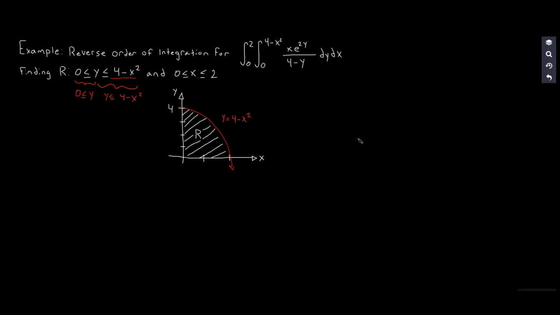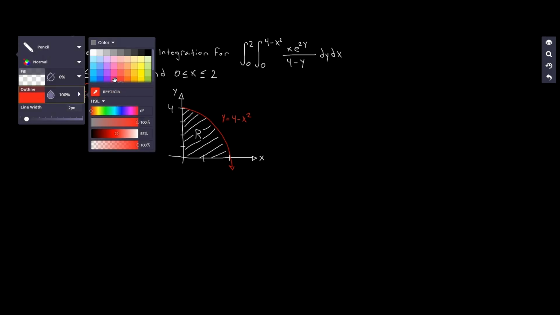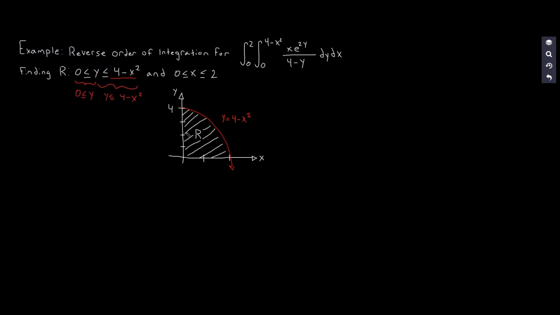All right, now I want to put dx first. So I need to solve all of this stuff for x and look from left to right. So left to right, I'm going to make my rectangle like this. Well, maybe I'll put it above the R. So that's going to be my rectangle. All right.